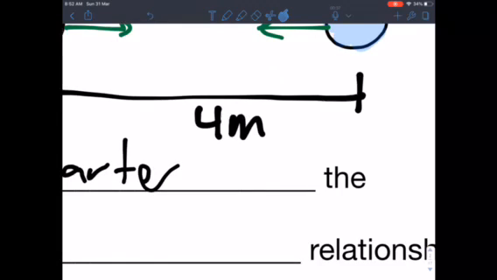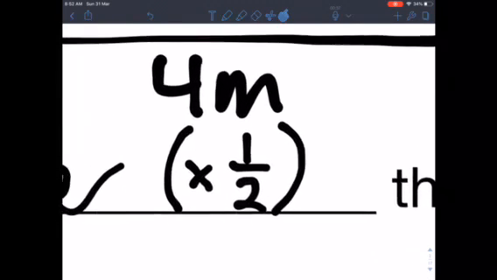Well, we said at the beginning in the learning objective that distance and force have a relationship that is inverse to the square. So we're going to take an inverse relationship. Instead of times 2, we're going to do times 1/2. When we double the distance, we get times 1/2 the force. That would be an inverse relationship. But this is not just an inverse relationship.